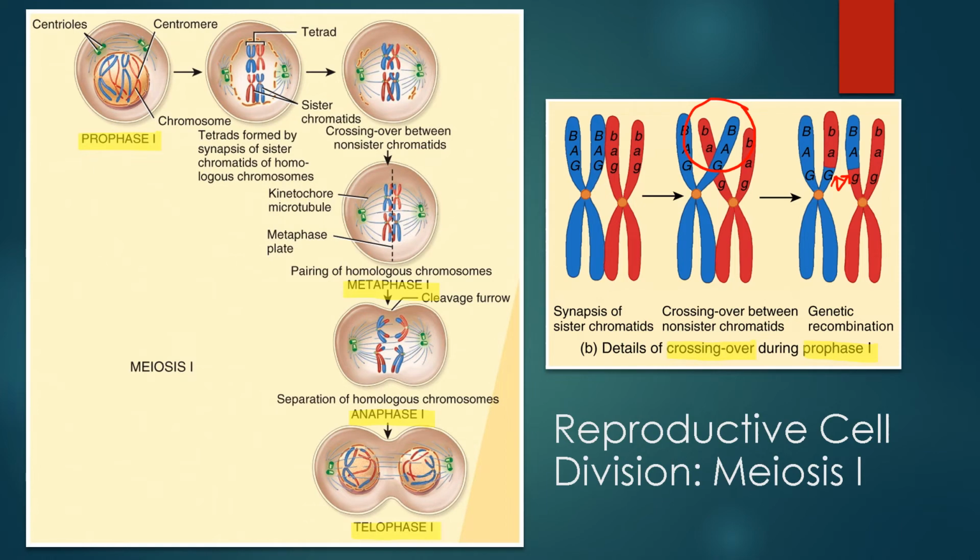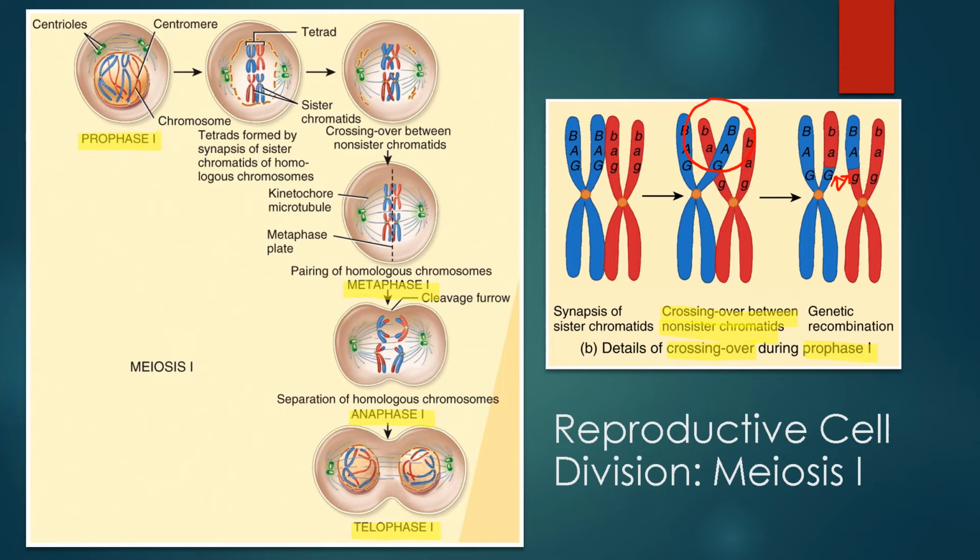Homologous chromosomes, or the same paired chromosomes, will pair up along the midline in prophase 1. And then they go through this crossing over here. They go through metaphase first, when they pair up along the metaphase plate.